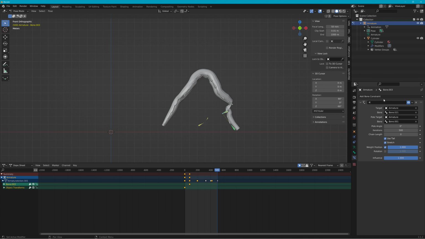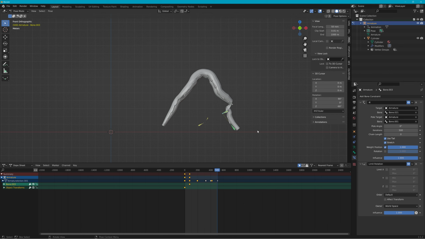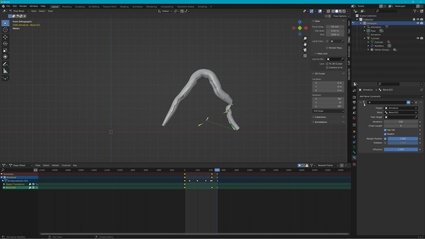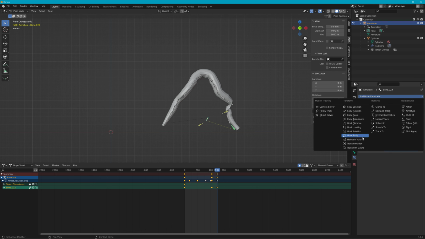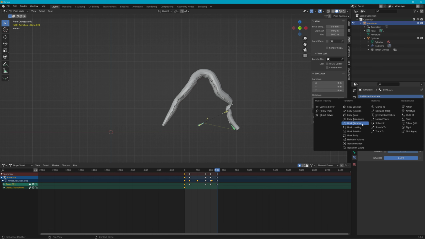Maybe each one needs to have a constraint, but basically it's rotating like 360 degrees really fast or something like that. I don't know. I'm pretty sure it's something to do with that.